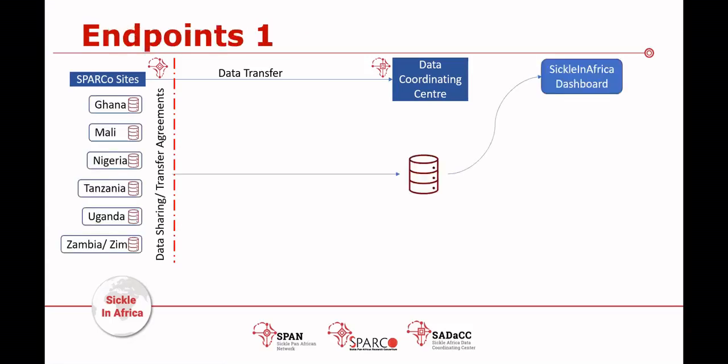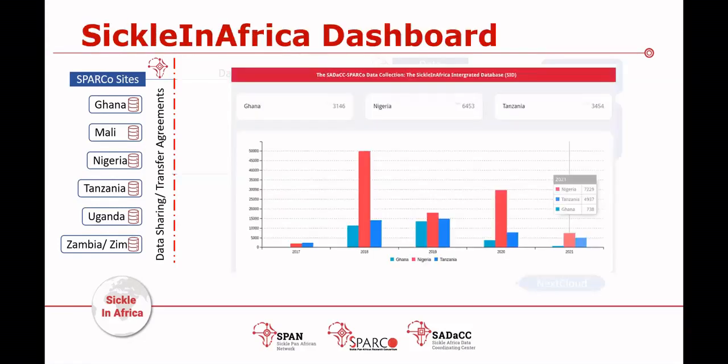So once that data comes from sites, that data is used in the following way, as per the agreements, data transfer and data sharing agreements. So the SickleInAfrica dashboard, which just gives a basic summary that the PIs and authenticated users have access to view, stuff like basic statistics. This is just the numbers, and this is older data that is represented here.